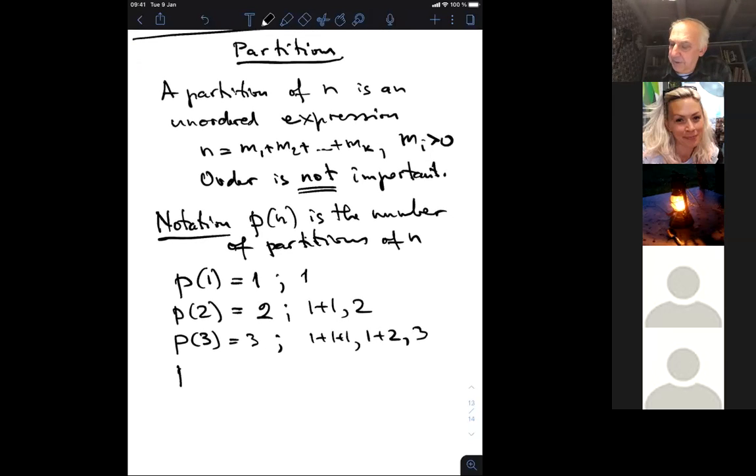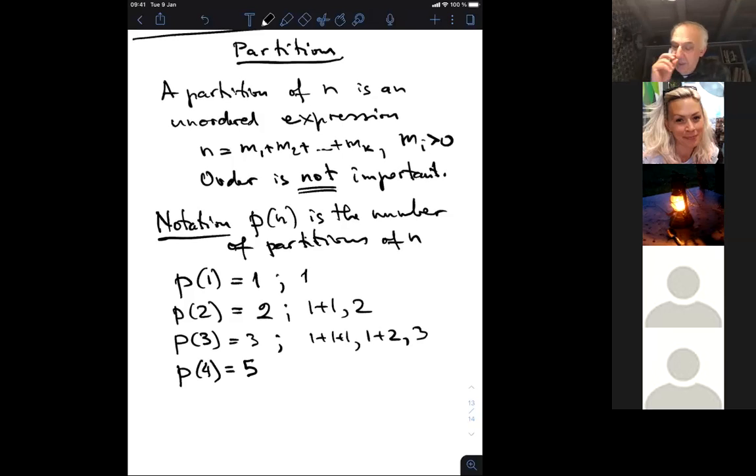So the number of partitions grows much slower than the number of compositions. Compositions grow exponentially, it's 2 to the power n minus 1, as we just proved. So this grows much slower.